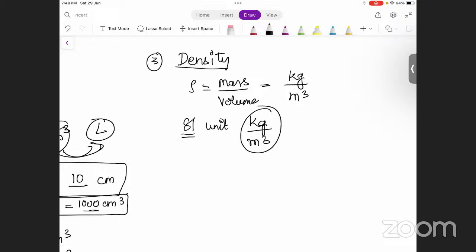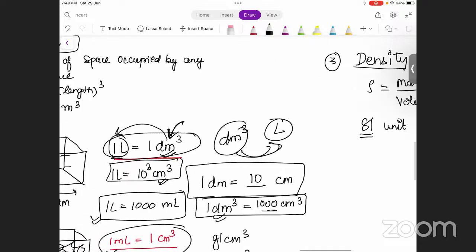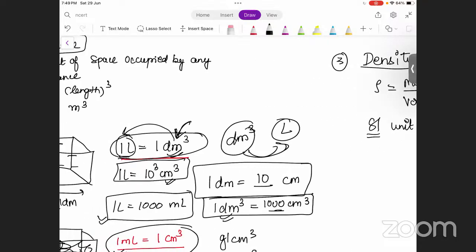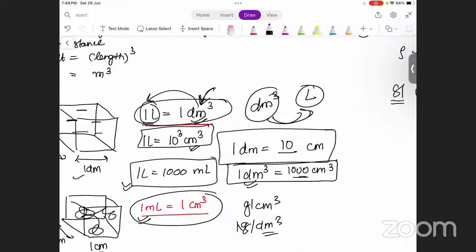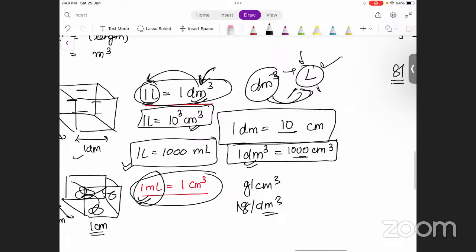The reason we are doing the conversions here is that when you are dealing with chemistry and doing experiments, you will never be taking the volumes in liters, right? Liter is a very large quantity. What you will be dealing with is ml. Here you will take 100 ml, 10 ml, 50 ml, 40 ml. You will see very few numericals where we deal in liters.